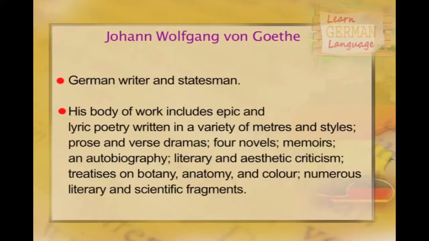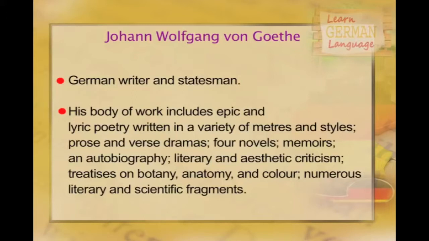His body of work includes epic and poetry written in a variety of meters and styles, prose and verse dramas, memoirs, autobiography, literary and aesthetic criticism, and he also wrote on various subjects apart from literature, including botany, anatomy and color.